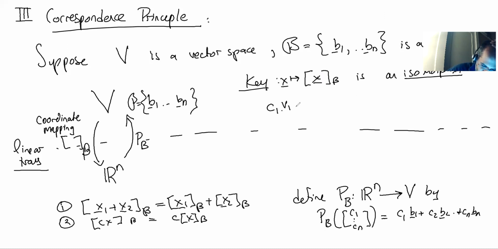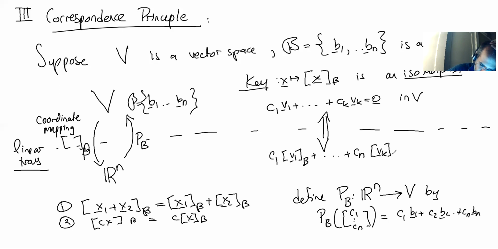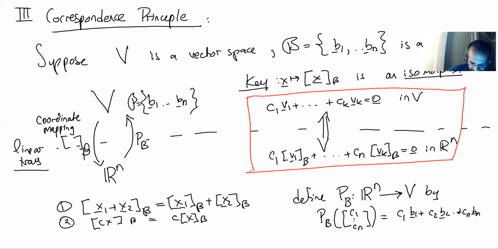The correspondence principle is that if you have a linear dependence in V, then it corresponds to a linear dependence of the coordinate vectors in Rn. Okay, so this is how you turn any statement about linear algebra in an arbitrary vector space into a statement in Rn. The key new ingredient is a basis.